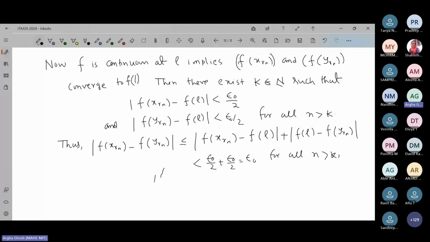Why? Because by construction, f of XRN minus f of YRN should be greater than or equal to epsilon naught. But we reach a point where their difference is less than epsilon naught, which is a contradiction.